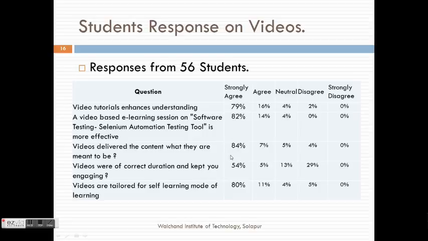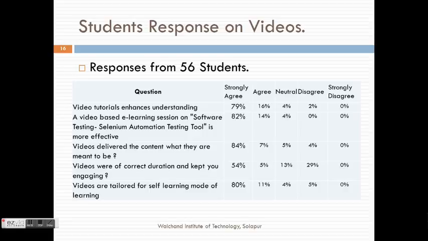The third strong agreement is that we focused every video on its learning objective, so the videos do not digress from the topic they were meant to deliver. That's why we mapped the videos to learning objectives. Were the videos of correct duration? Students still found 10 minutes long and it kept them engaged.